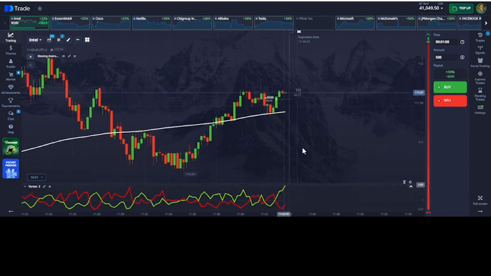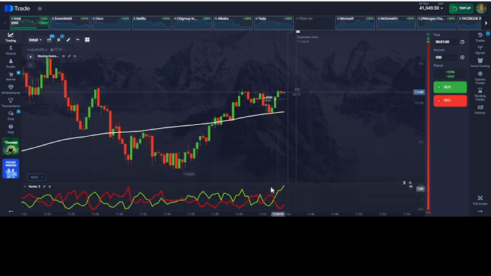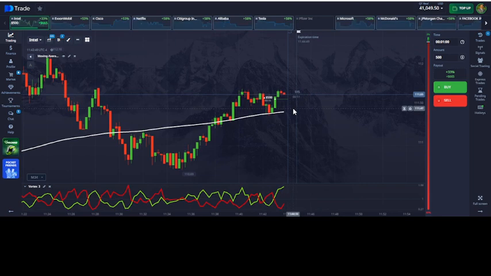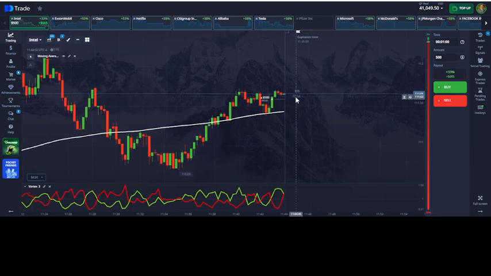So these two confluences, the vortex cross along with the slope of the 200 SMA, suggesting a bullish reversal here from this price level. So let's monitor this trade and wait for the expiration.